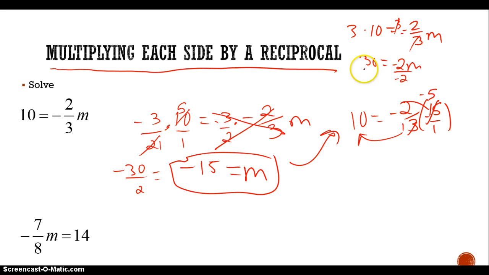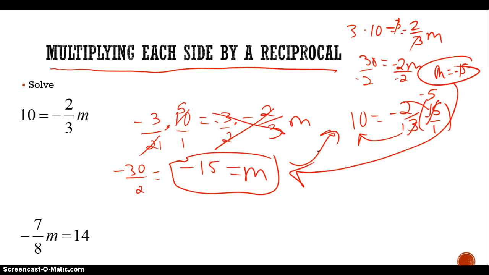Divide by negative 2. M equals negative 15. Okay, so you get the same solution here. Okay, but that's a two-step process. You're multiplying then dividing. Here you just take the reciprocal. Okay, it's a one-step process. But that's just so you can see it.